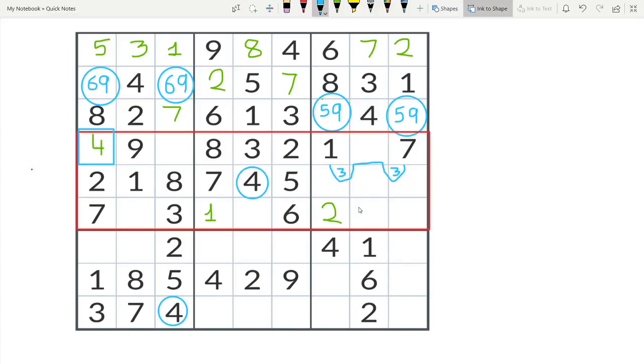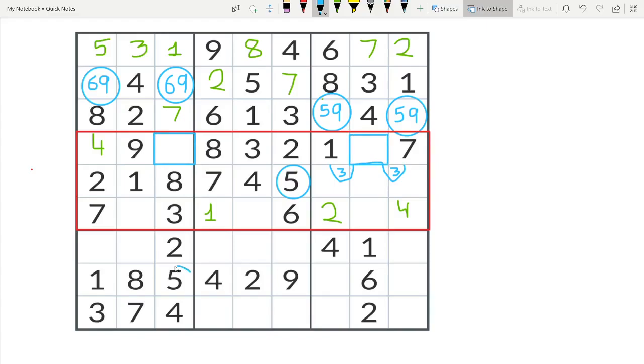Now checking number 4 for the bottom row, it can be either one of these two cells. Because there is already a number 4 in this column, so this cell is not an option and I can put number 4 safely over here. Moving on to number 5, I see number 5 for the middle row and the option for the top row, either this cell or this cell.